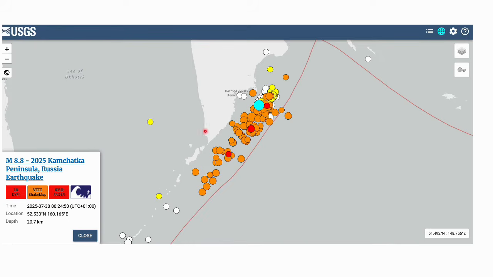The ones which are red were in the last hour when I took this screenshot. All of the orange ones are aftershocks from the magnitude 8.8, and this blue one is the magnitude 8.8.